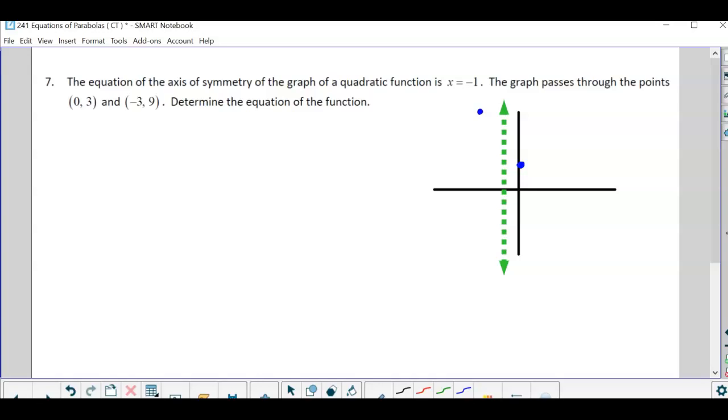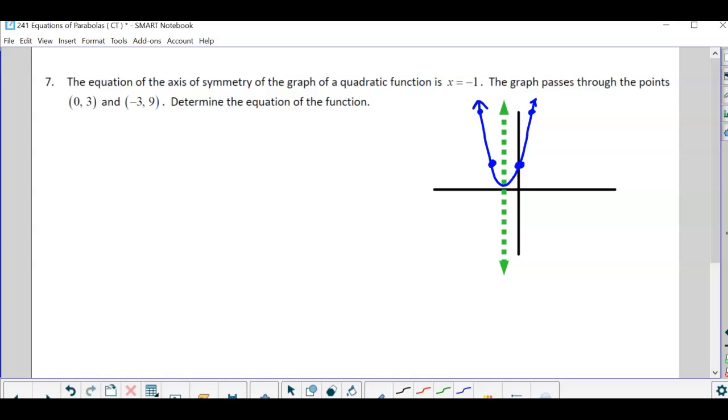In this case, we could have it opening up or perhaps opening down, well, no, sorry, we can't open down, because this is a y-intercept. It's got to be the same on the other side. This point has to be the same on the other side as well. So you can tell it's got to be a parabola opening up.